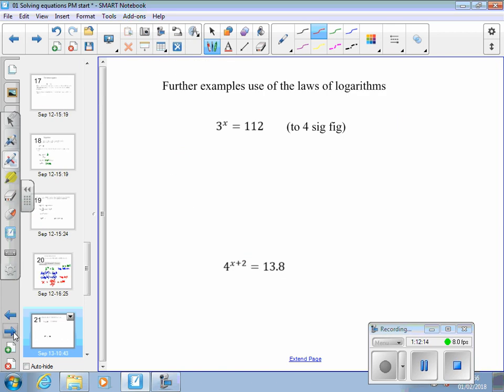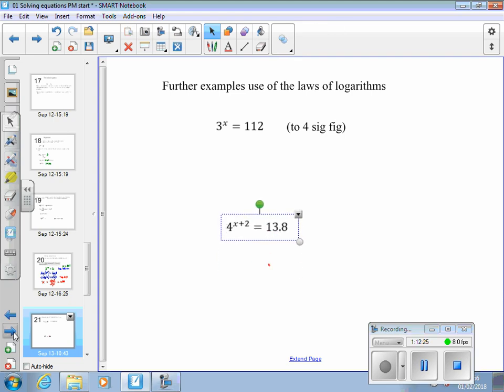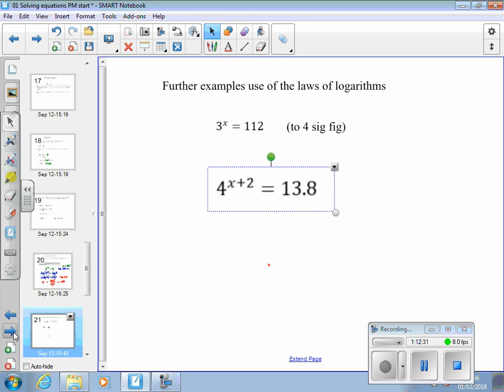Is that one significantly different? Let's have a look at this one, because it's fairly similar to the one we just did. 4 to the x plus 2 is equal to 13.8. Is that the best way to start?